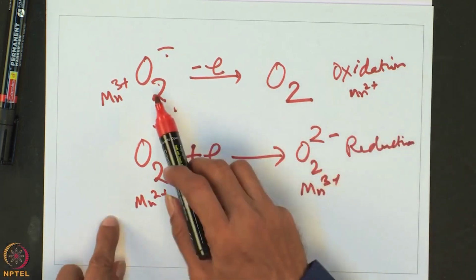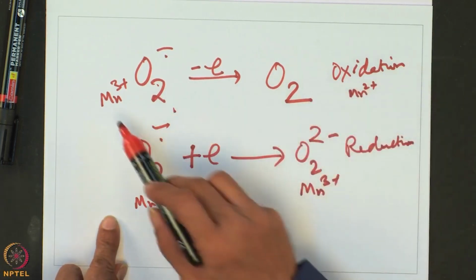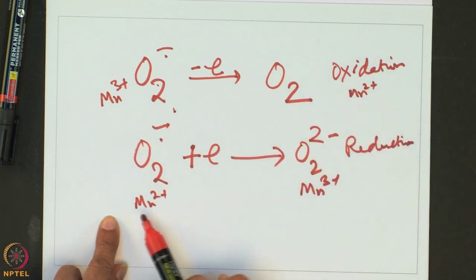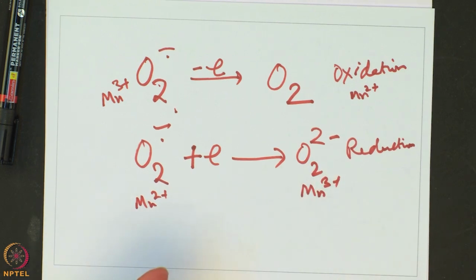So, this O2 minus is oxidized, manganese is reduced. O2 minus is reduced, manganese is oxidized. All that you have to understand is very simply, it is a redox reaction, nothing more than that, no need to worry at all.